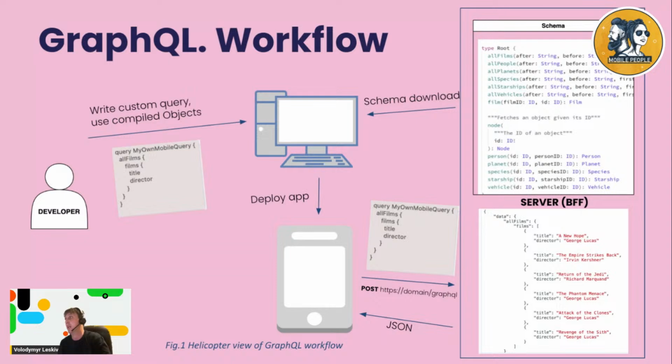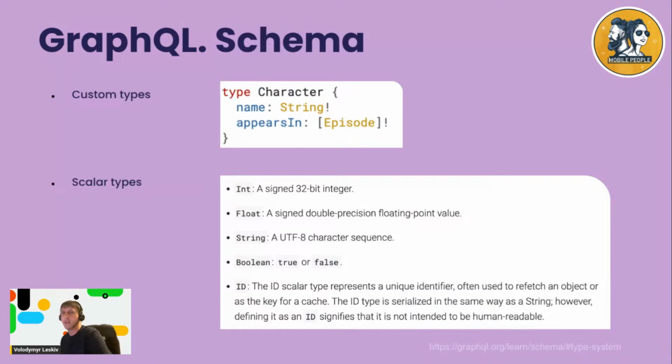That is the general helicopter view of how GraphQL works, I mean the workflow. We can discuss it later if you have some questions. So, let's quickly discuss the main things which GraphQL has. As I said, the schema is the main file which you need to have.